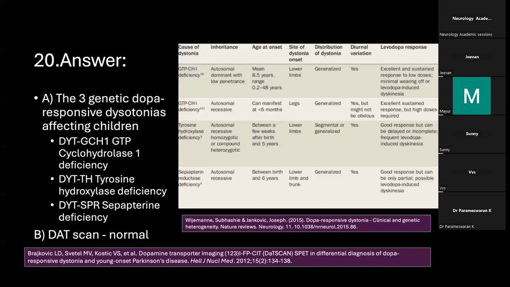Excellent response to levodopa is seen in GTP-CH1. However, good response with partial improvement is seen in tyrosine hydroxylase and sepiapterin reductase deficiency. Levodopa-induced dyskinesia is more prominent in tyrosine hydroxylase deficiency. DAT scan will be normal in dopa-responsive dystonia as opposed to Parkinson disease.